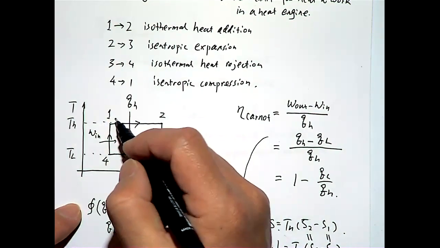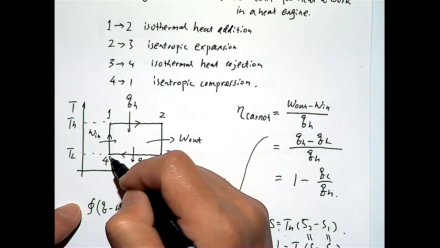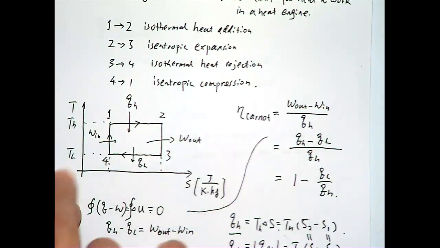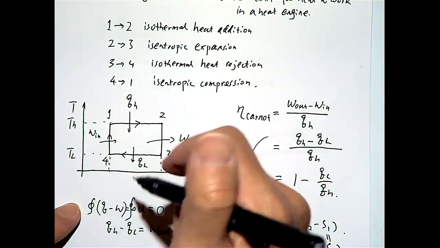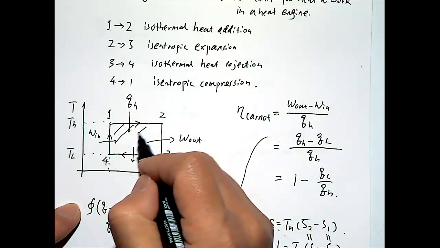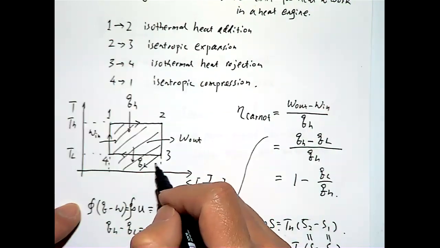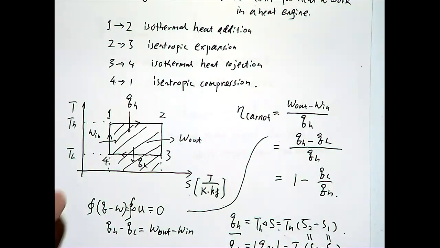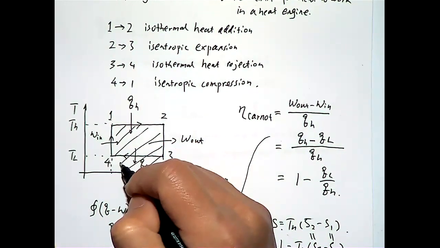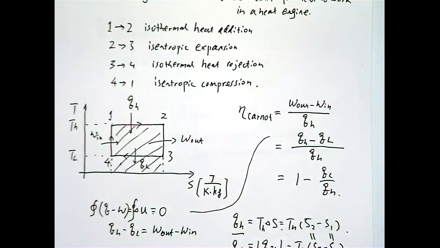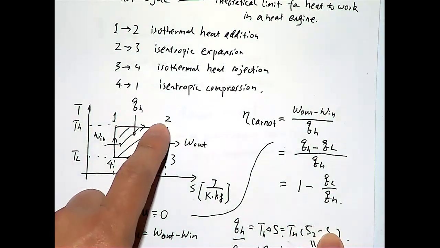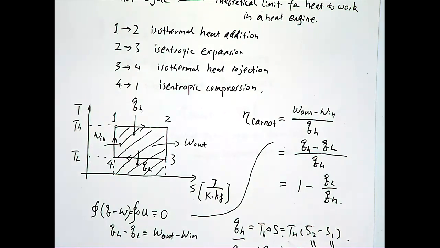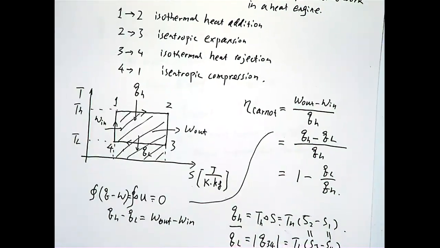It corresponds to the area underneath TH from T1 to T2. If I draw this, I have this hashed area, TH times the difference in entropy. That corresponds to the QH.